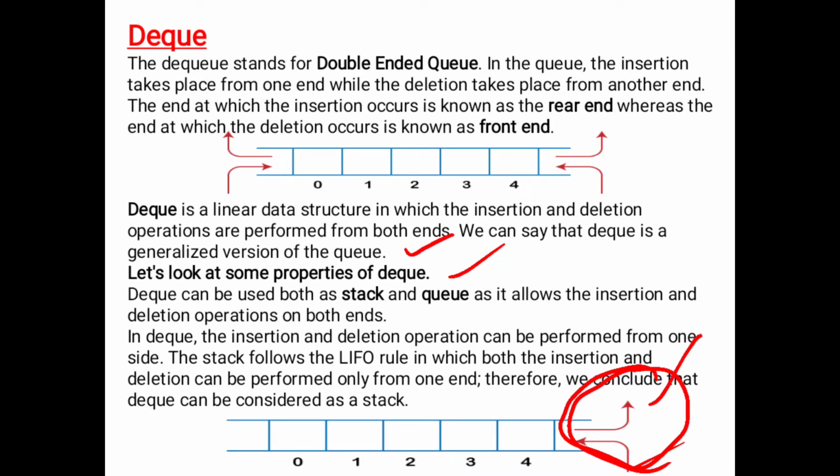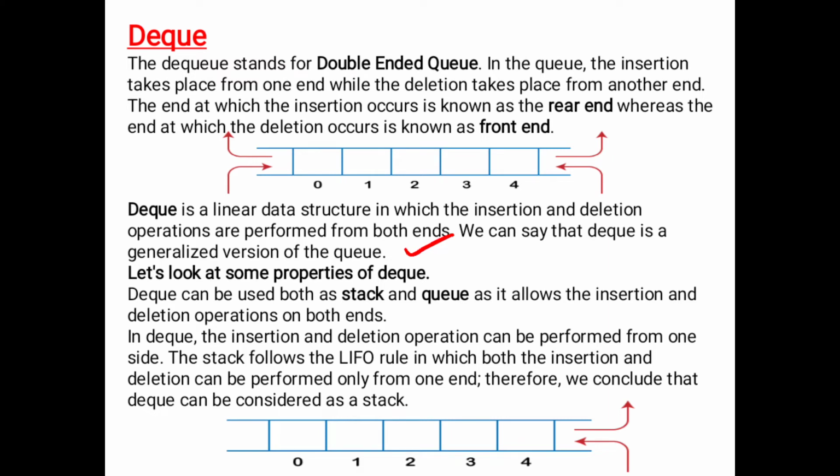I think you can understand this concept, because insertion and deletion are done at one end of the queue. That means the deque, double-ended queue, is also similar to the stack property. In a deque, the insertion and deletion operations can be performed from one side.